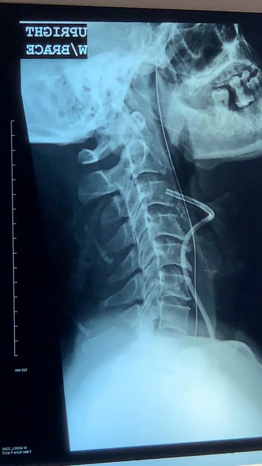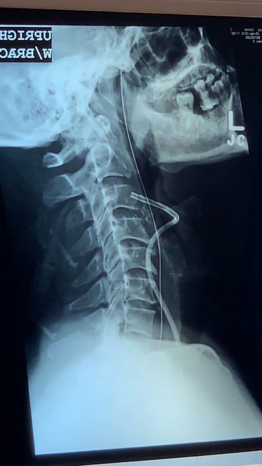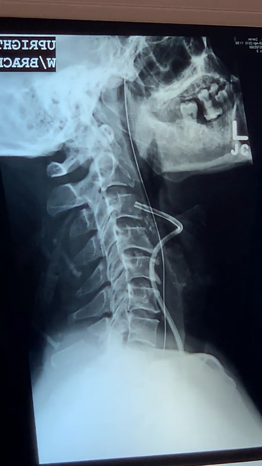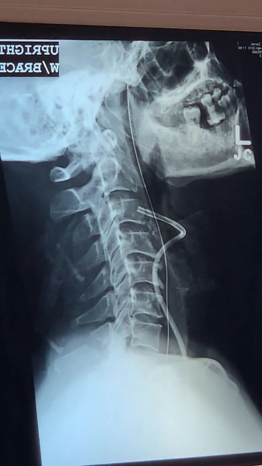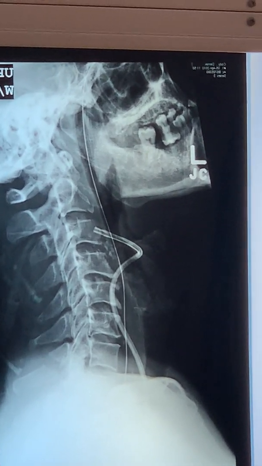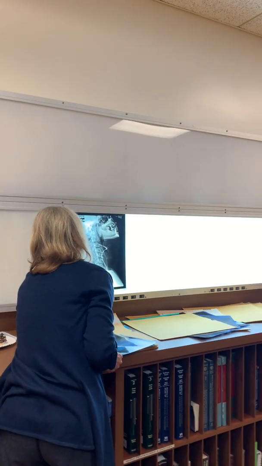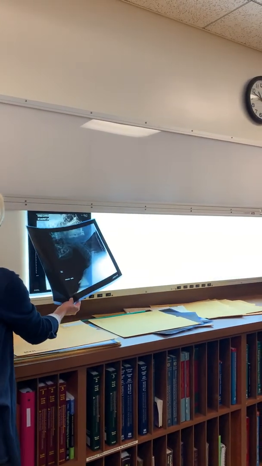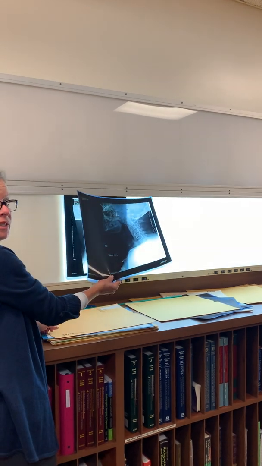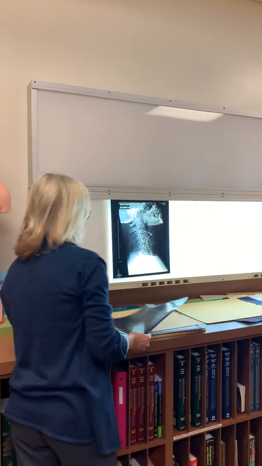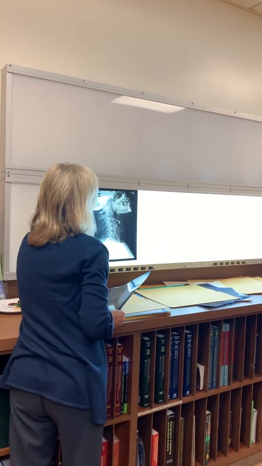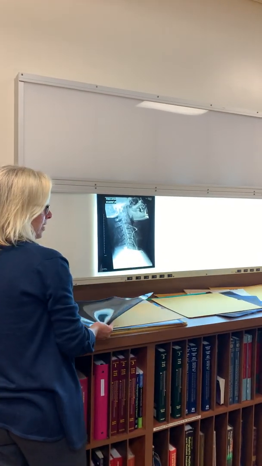Golly. Isn't that like a lawsuit right there? It says this was in the ER. So he went to the ER, obviously, with neck pain. When he came back, he went to routines, and they shot that in routines.